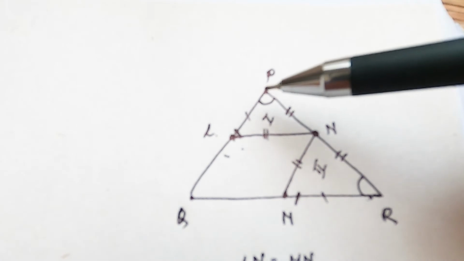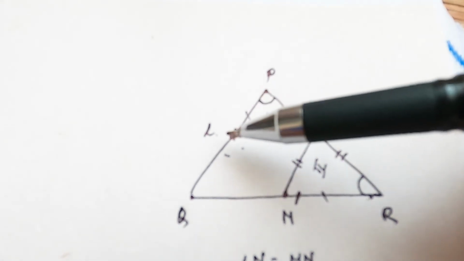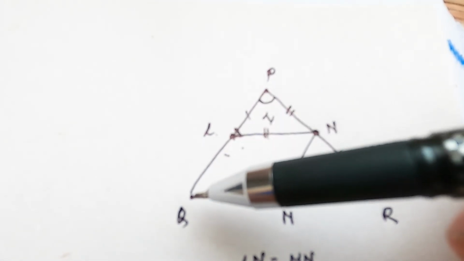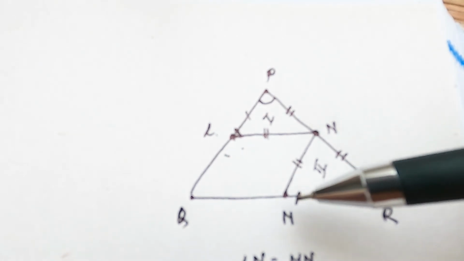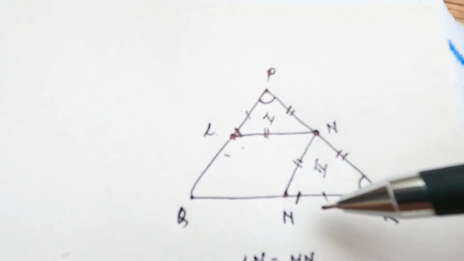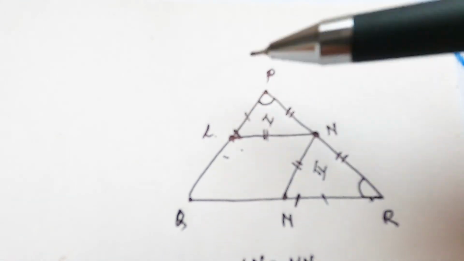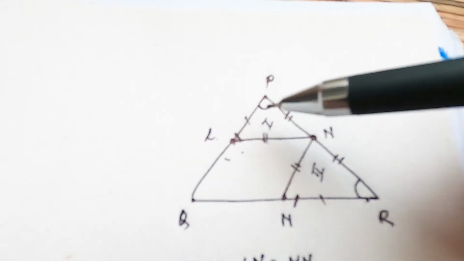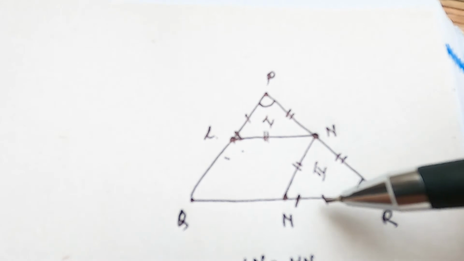So we can say that PL is equal to LQ is equal to QM is equal to MR. Now since all the line segments are equal, we can say that PL is equal to MR.